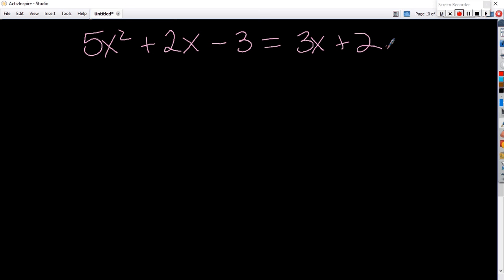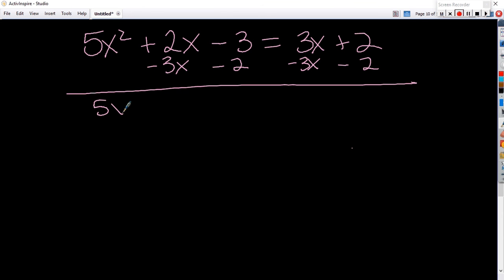It's got to be 0 on one side. Minus 3x. So move this one and move this one. So I've got 5x squared minus x minus 5. I had to get everything canceled out to one side.